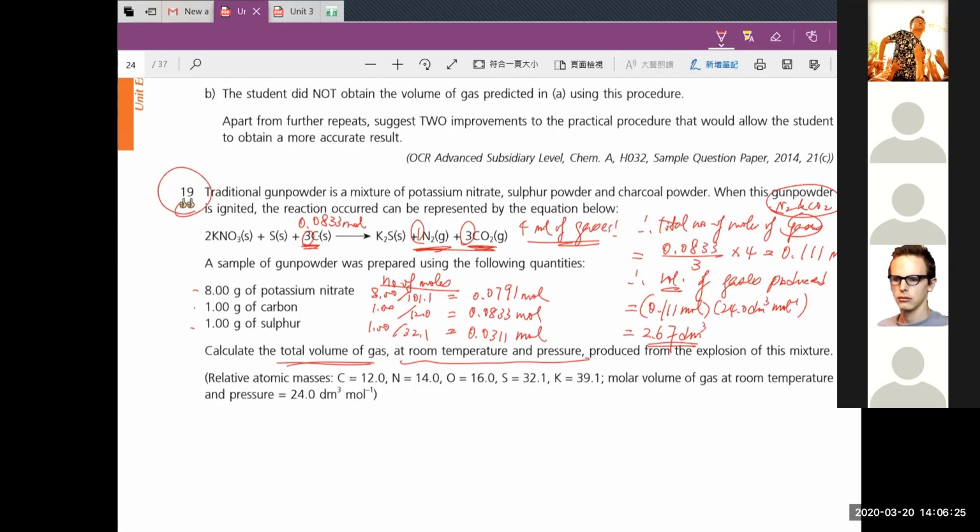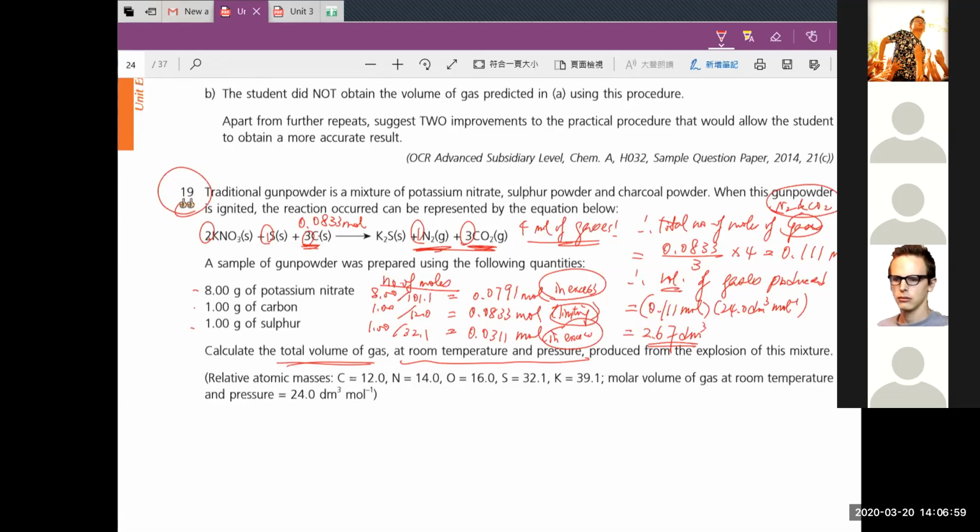Okay, so the main point is that first of all, this one is the limiting reagent, while the other two are in excess. It is done by calculation. You may check the mole ratio one by one, and you can get this idea. You may find that not all KNO3, potassium nitrate, and sulfur will be reacted. Just part of them will be reacted.